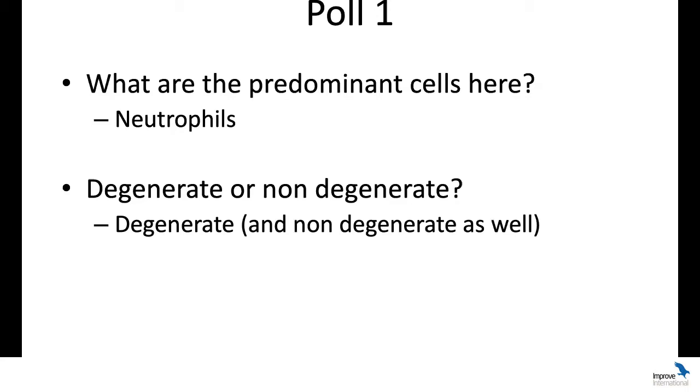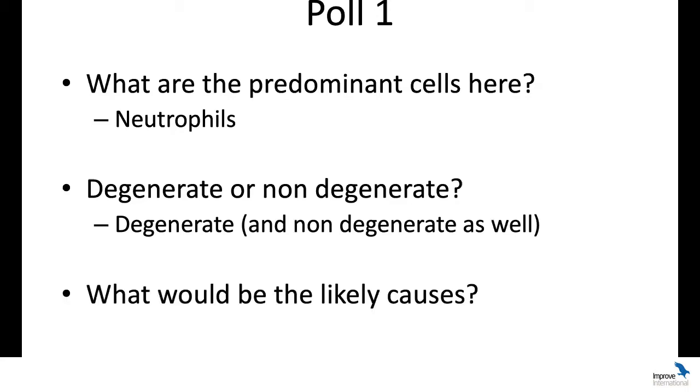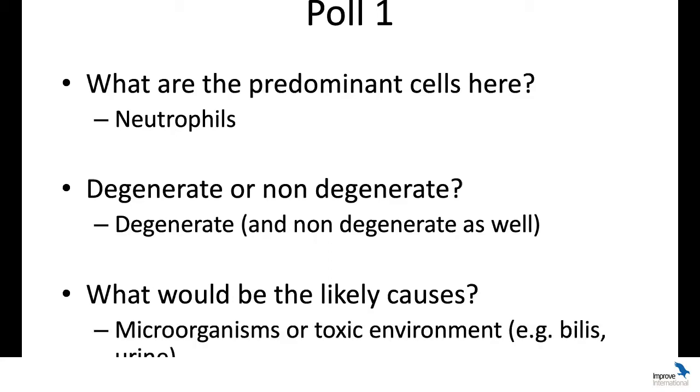So when we see signs of degeneration, what would be the likely causes? What do we need to go and look for? More typing. Okay, so people are saying bacterial infection, yep, inflammation. So microorganisms, bugs, absolutely, and bacteria will be at the top of the differential.